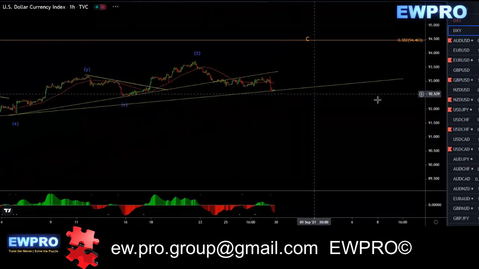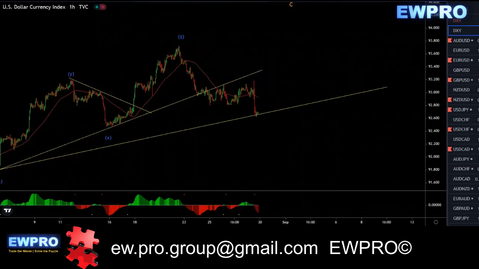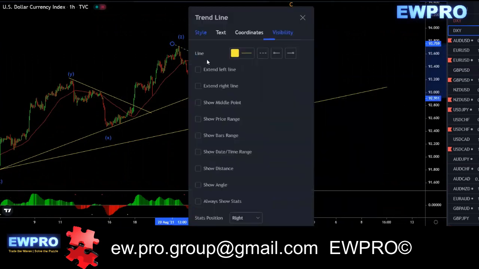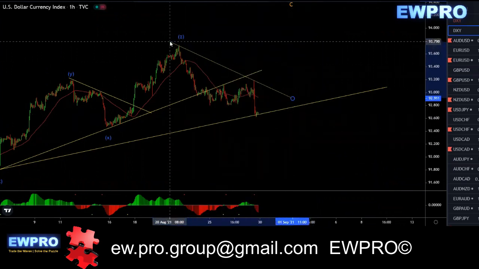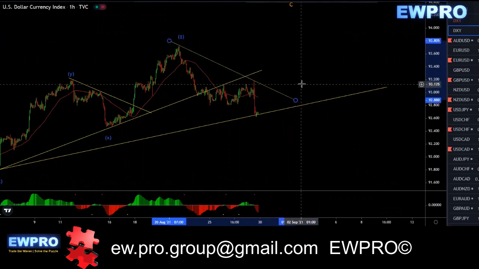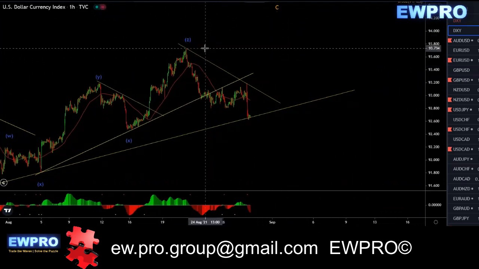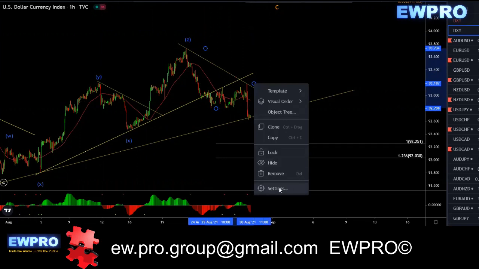On the H1, while this trend line here holds, you can look for shorts. Your first target will be that 100 fib on the H1, and then the 161.8.